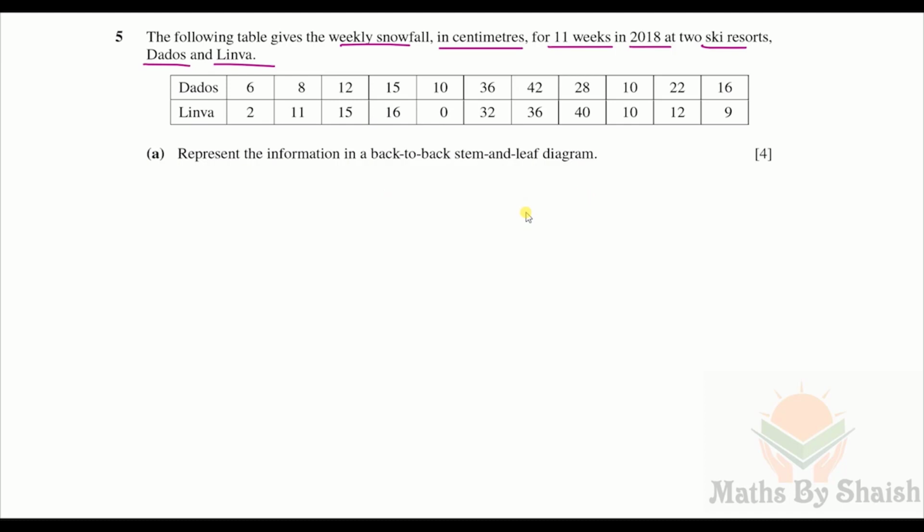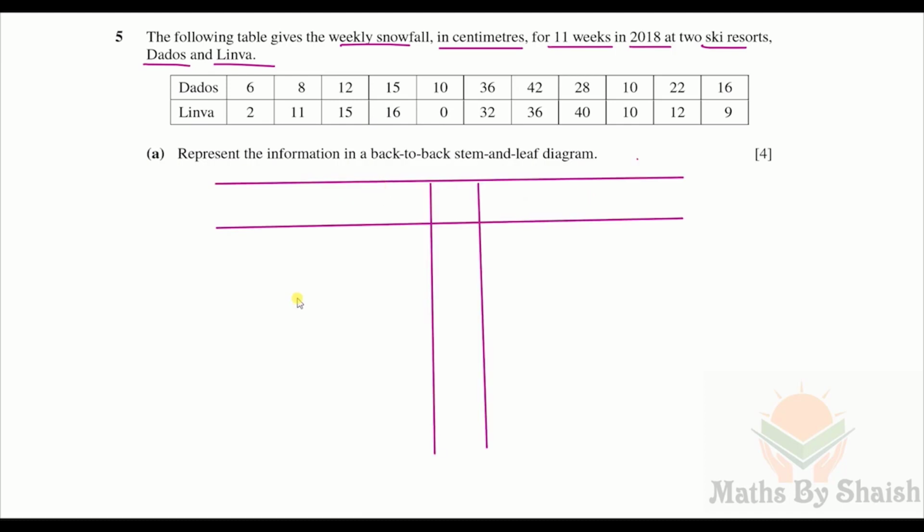So we will write Dados towards the left hand side and Linwa towards the right hand side. I'll draw the lines. We'll take the key as, let's say, 1 | 2 | 5, meaning 12 centimeters for Dados and 15 centimeters for Linwa.